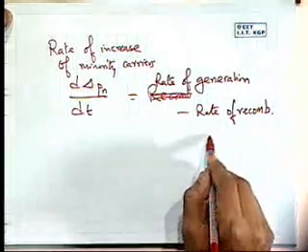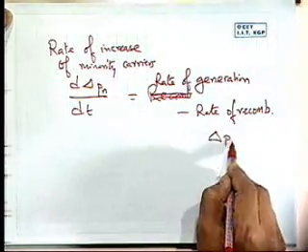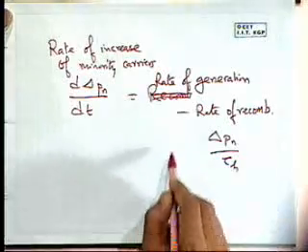And we just saw that the rate of recombination is given to us by delta Pn by tau h.